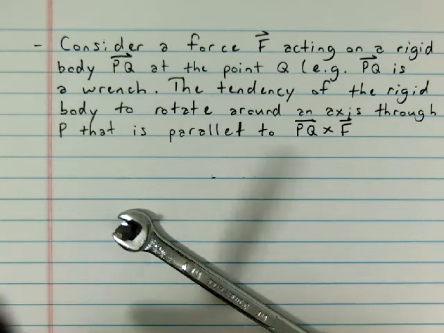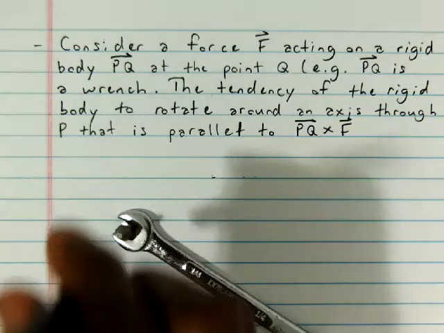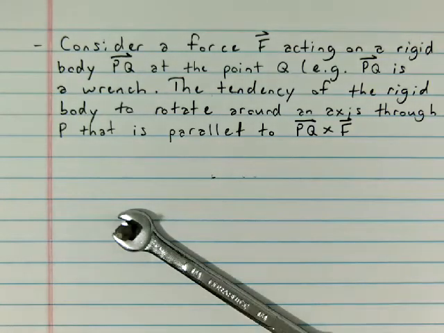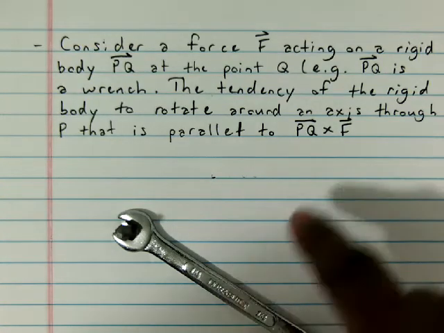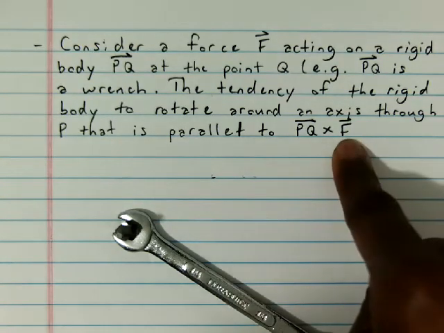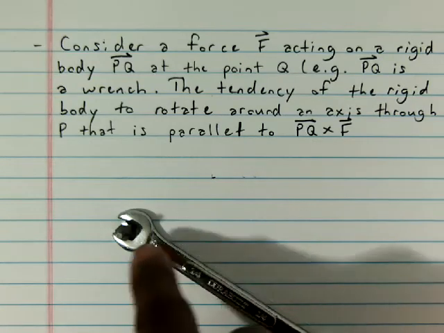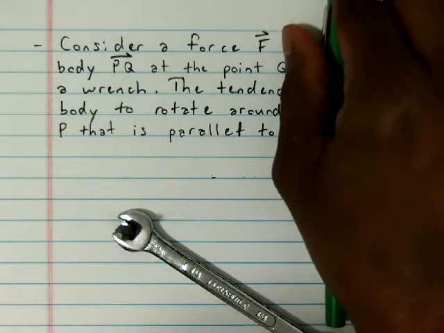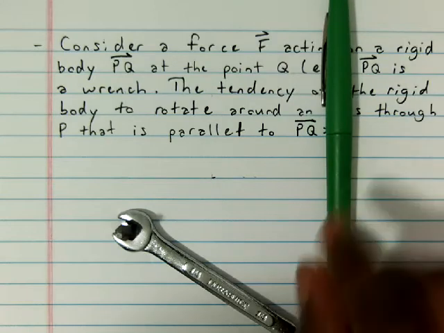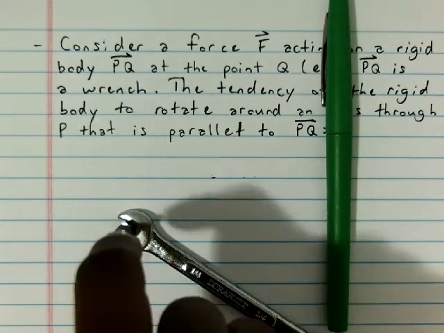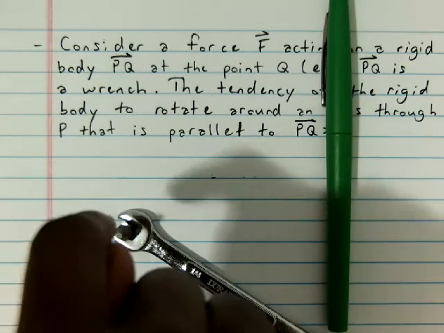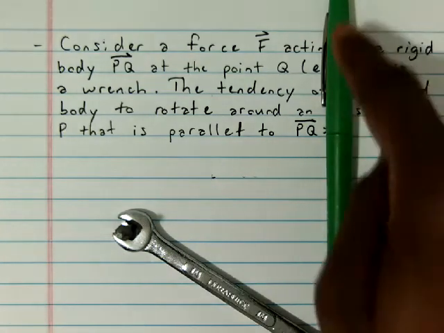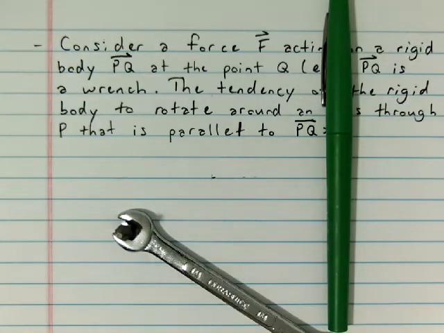That axis is parallel to PQ cross F. Remember, PQ cross F, a cross product, is going to be perpendicular both to PQ and to F. So we're rotating around this axis coming out of the page, which is perpendicular to both, because those are both in the page.